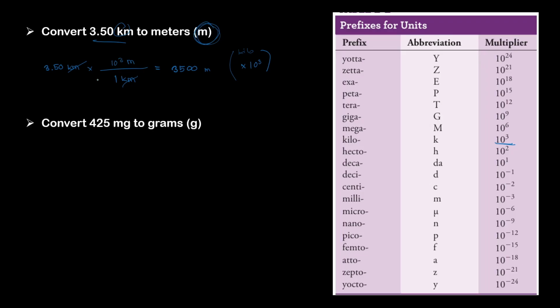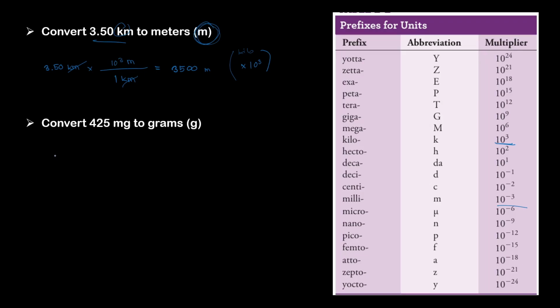Okay, let's see. For example number two, we have 425 milligrams convert to gram. Let's see here, milligrams. So this would be milli. Then what is the value? 10 to the negative 3. So we don't need to do this thing.